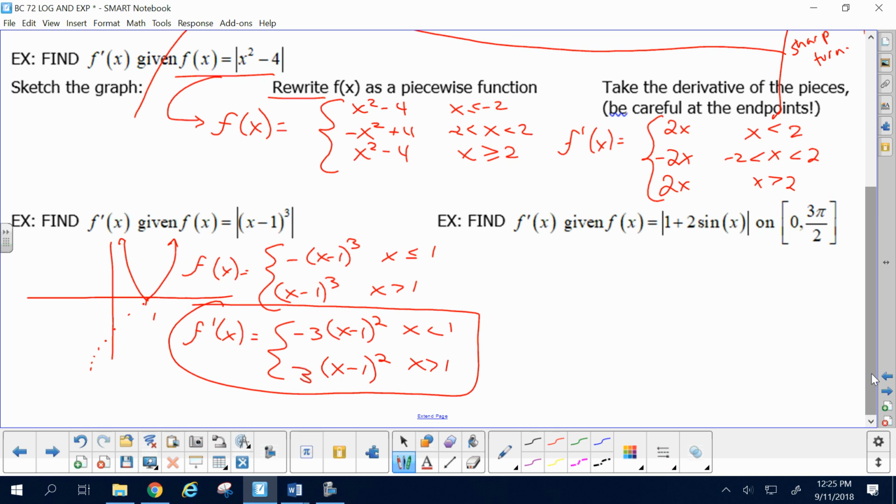Do you agree with the first one? Yes? I like that. Okay. But we don't have the second one. This one's so much better. Okay. I'll just try it.